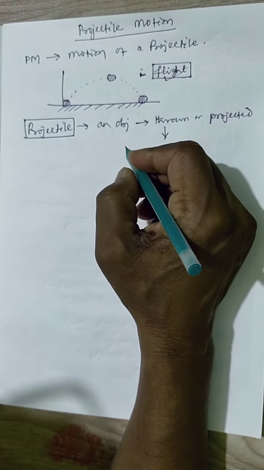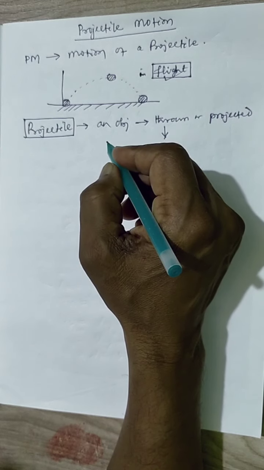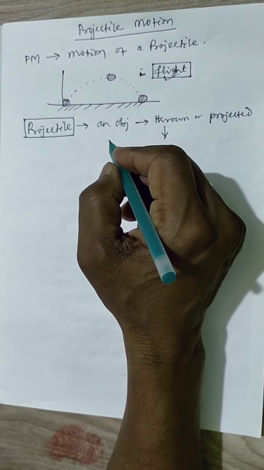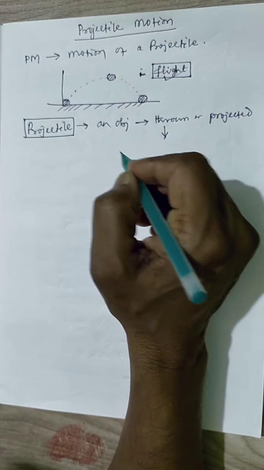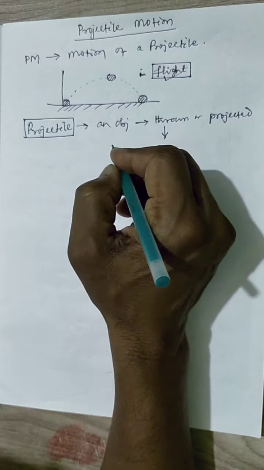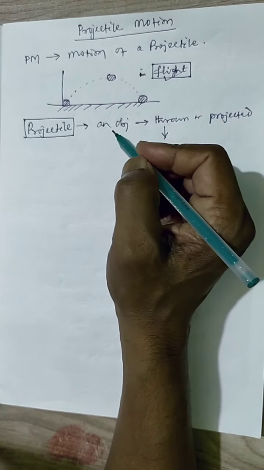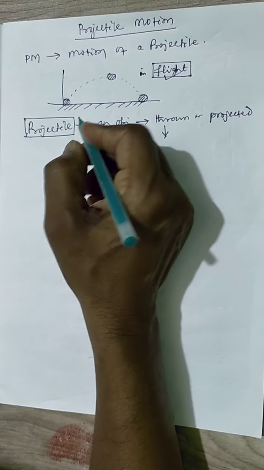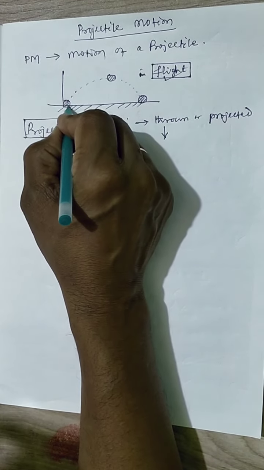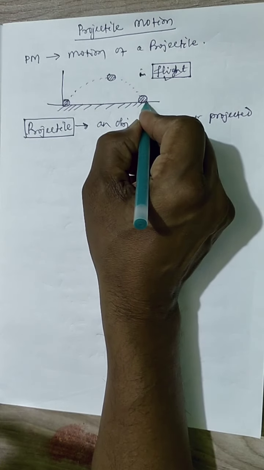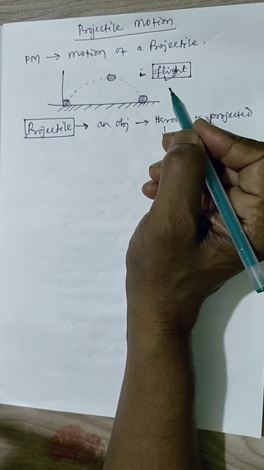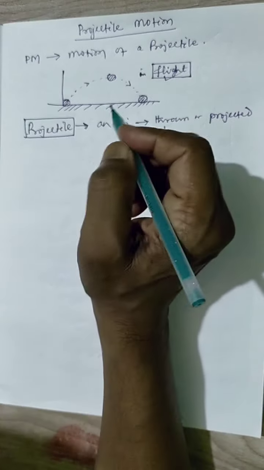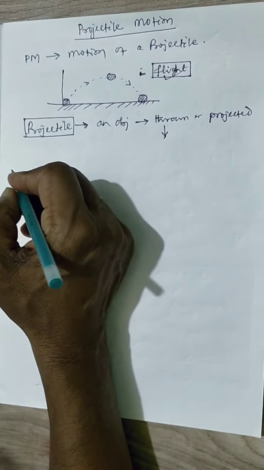That is, projectile is an object that is in flight or air after being thrown or projected. This object is termed as projectile from the time it has left the ground till it touches the ground. Motion of this projectile is termed as projectile motion.